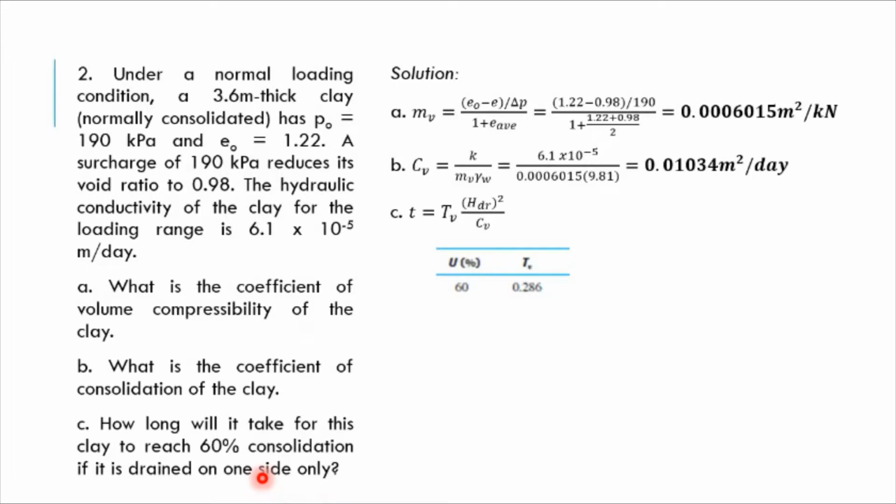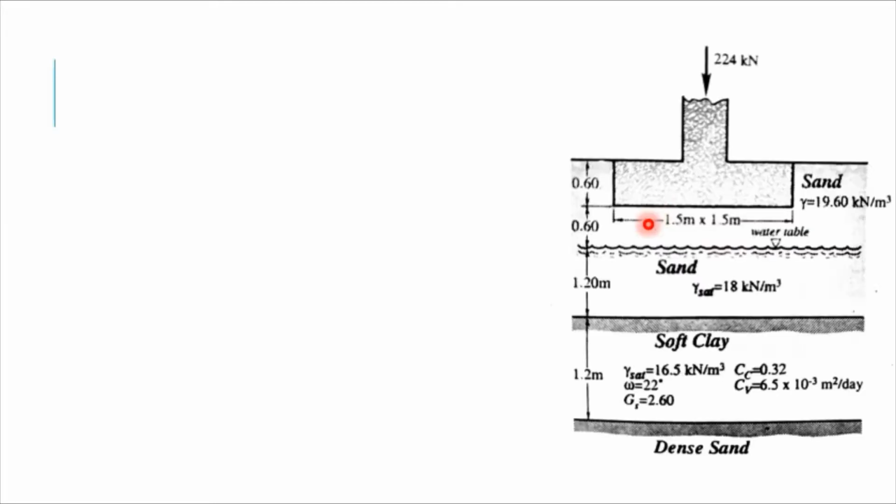Substituting the values, this will give us 0.286 multiplied by 3.6 squared over the coefficient of consolidation, 0.01034. The time for the clay to reach 60% consolidation in one-way drainage is 358.5 days.